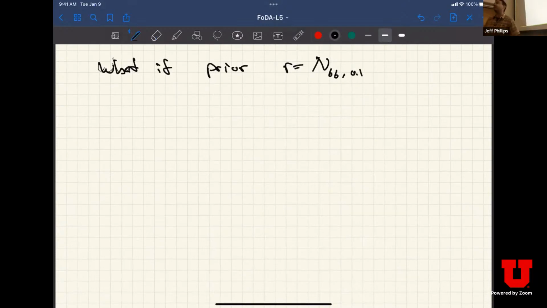I said this is the average height of a student in a university. Maybe I found a study online where someone surveyed 100,000 people across universities and found that, yeah, my estimate of the mean 66 was correct, but because they surveyed so many people, they were able to get the standard deviation of the mean to be much lower, right?